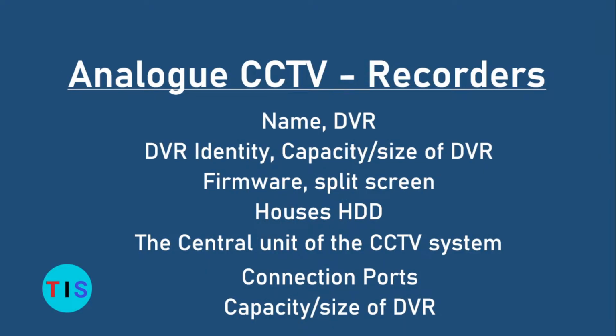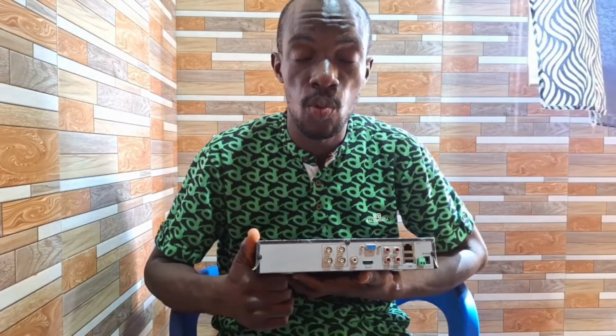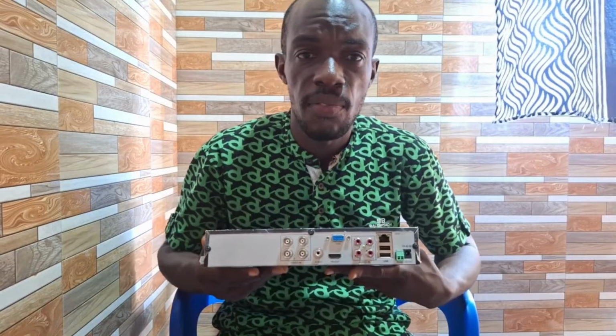Another information to share is that the DVR is the central unit of the CCTV system. It's a central unit because the cameras, the display units, and even the interface for the connection of internet into the system, so that you can view it online or on mobile or on computer, all connect to the DVR.